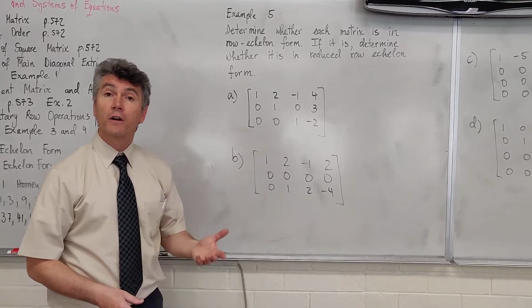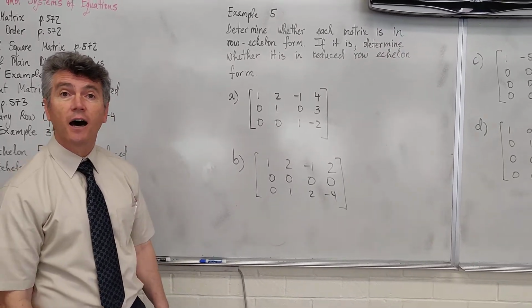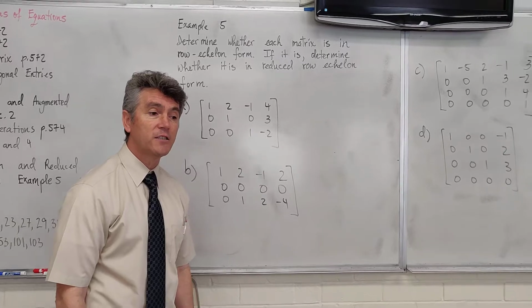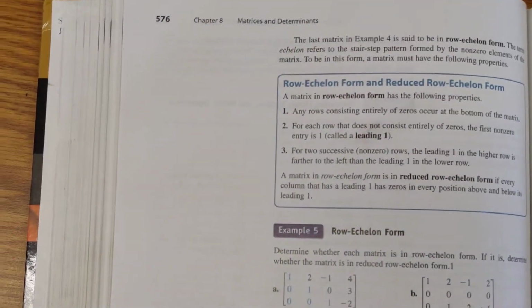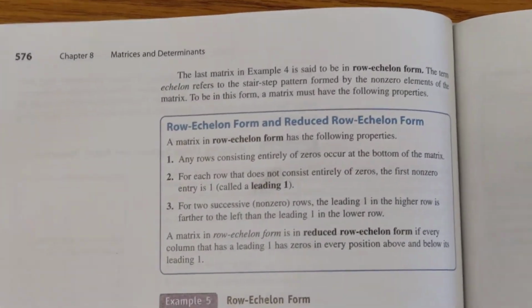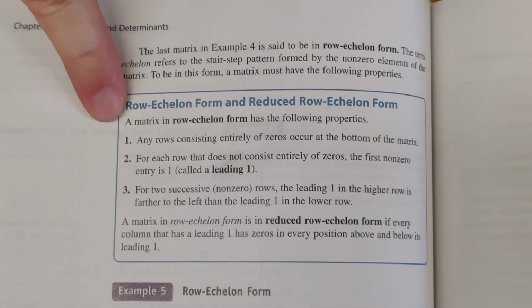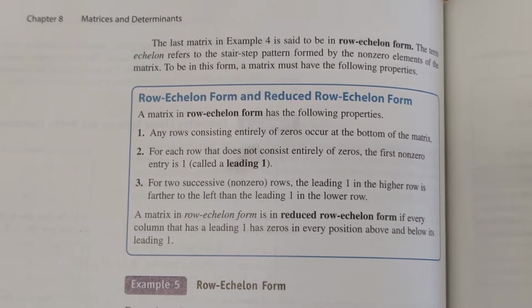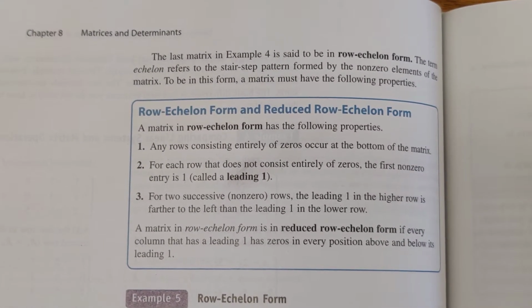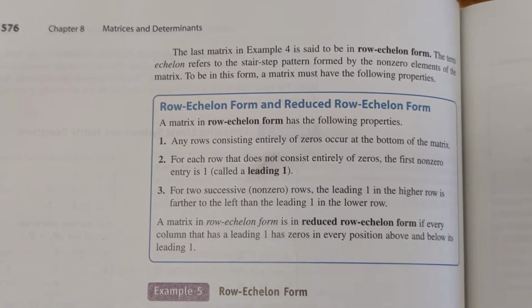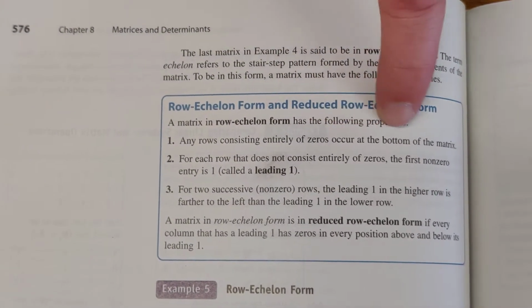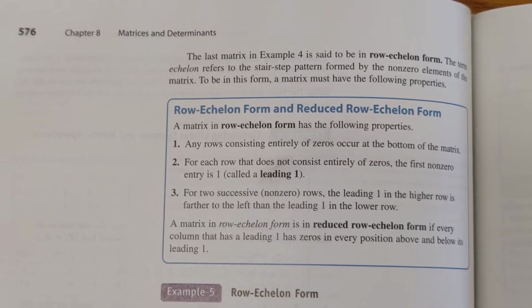We're going to now look at the definitions in the book, so we're able to identify which matrix is in row-echelon form and which one is in reduced echelon form. So let's take a look. Any row consisting entirely of zeros occurs at the bottom of the matrix.